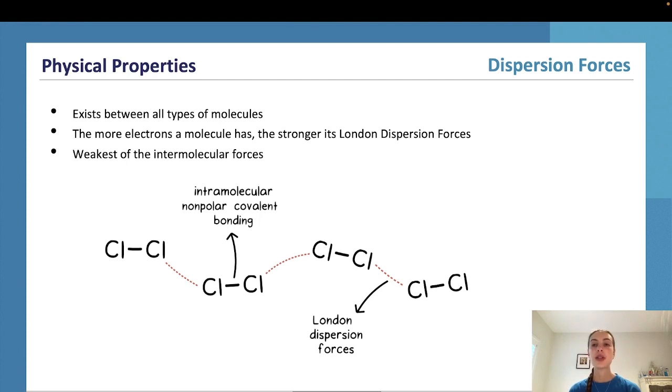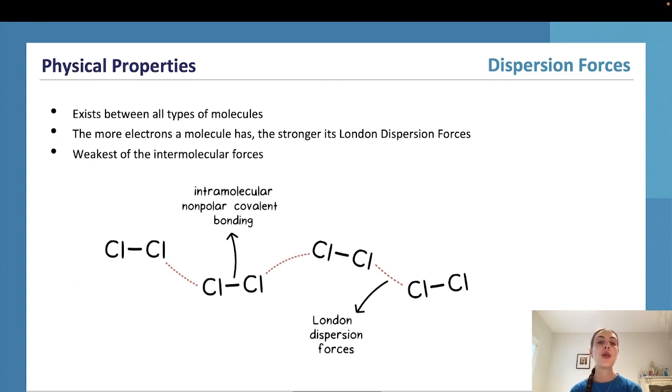But basically, just to recap on what you've learnt and as a bit of a reminder, because these are very important, when we discuss dispersion forces, we're talking about the force which exists between all types of molecules. It's a force which occurs when there's intramolecular non-polar covalent bonding in molecules. It's just this weak attraction between every single molecule which holds things together.